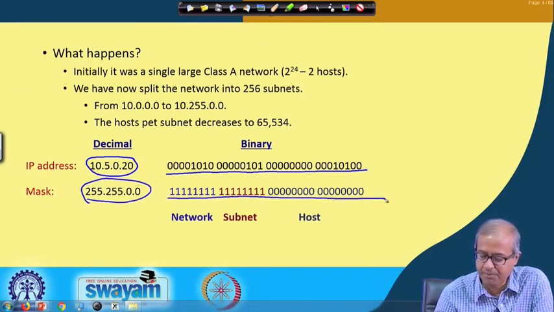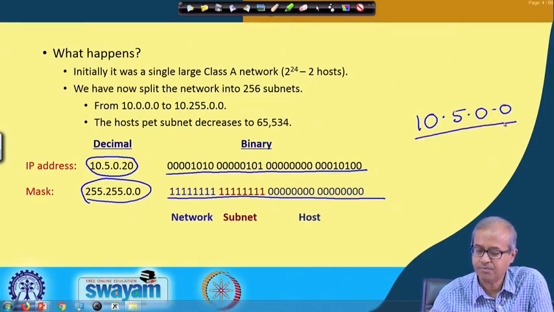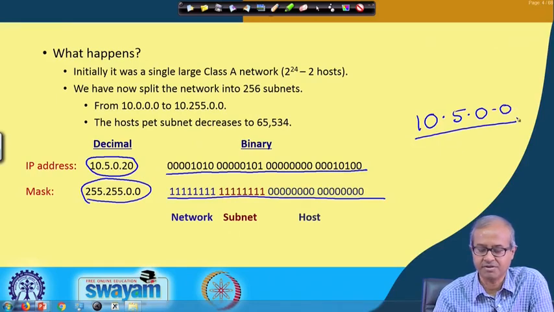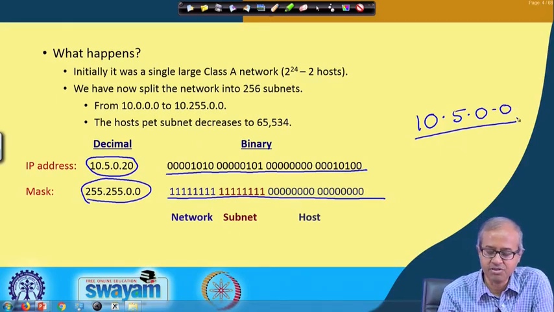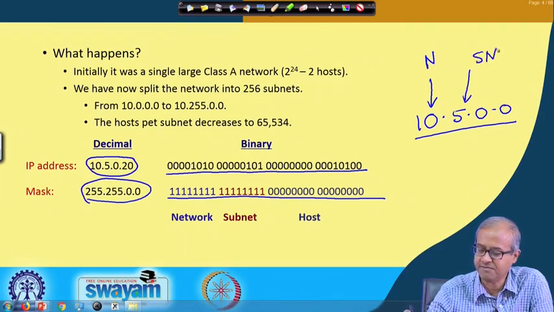So, if I do a bit by bit AND again, I will get 10.5.0.0. So, this will give you my subnetwork number. Now, already because this is a class A network, I know that this is my network number. So, whatever remains, that will be my subnetwork, this 5.